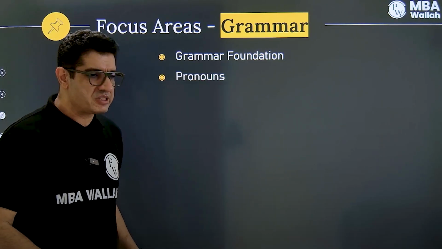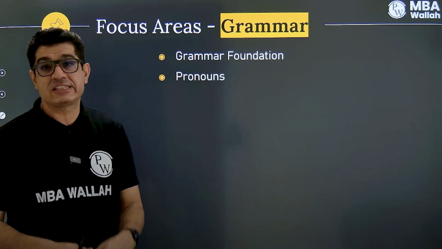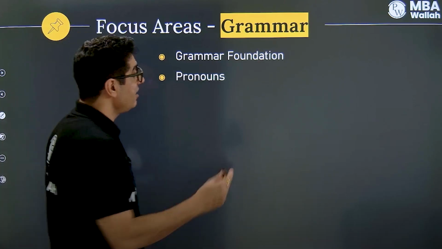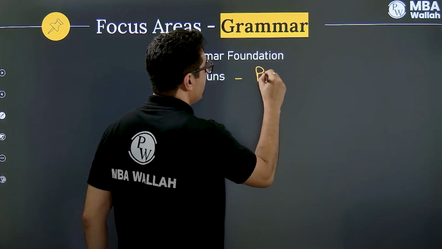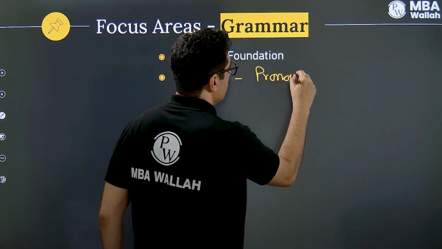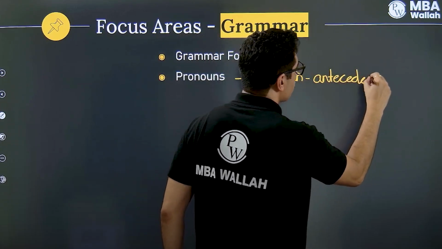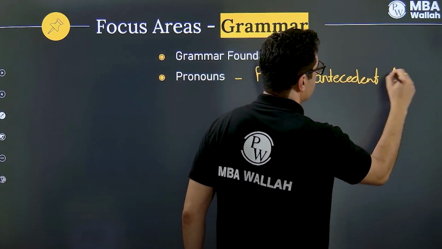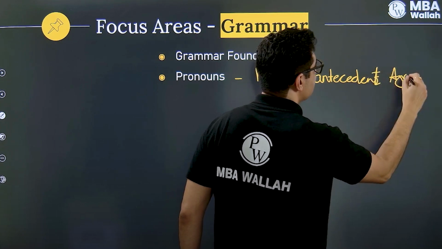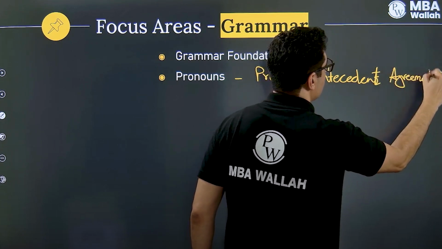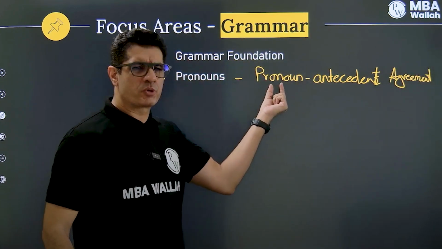So within pronouns, there are quite a few things that we can study. But we happen to have something called pronoun antecedent agreement. Make sure that you are at least comfortable with this. So what this means is that, we use pronoun.